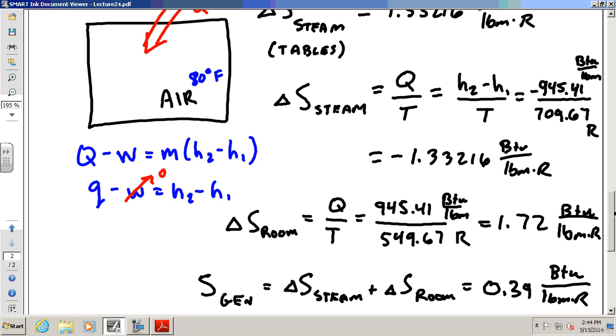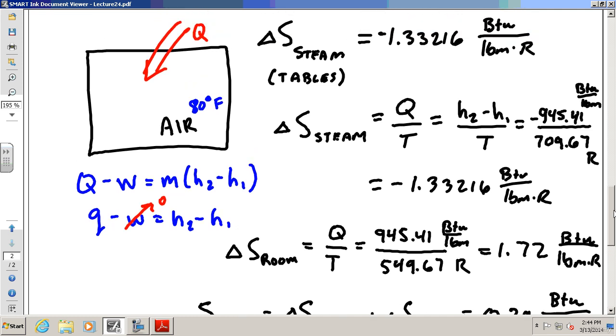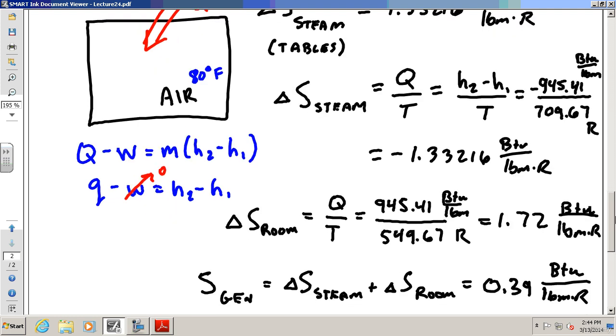Practically here we're running out of time because we got to do a quiz and still do some other stuff. Let me just leave this with you. If you were to redo this analysis with the other temperature, the lower temperature steam, your S-gen is going to be much lower.